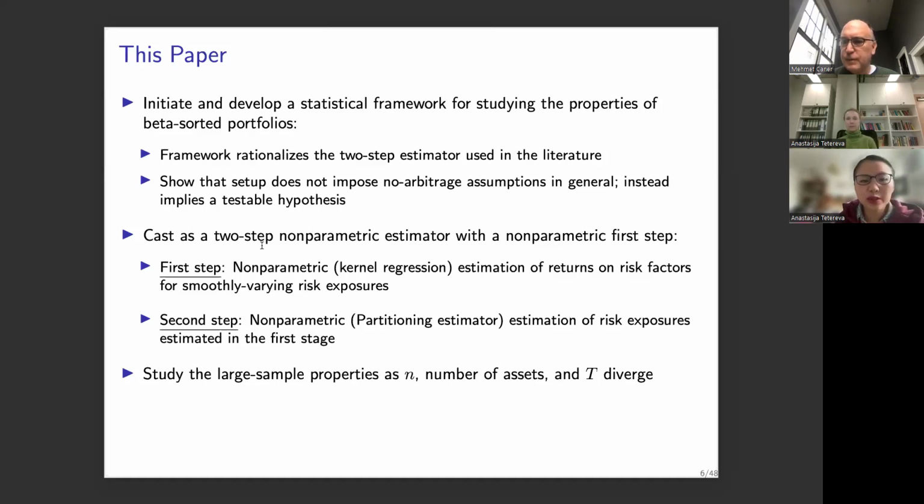The first step has already been studied in Ann Christensen in the Journal of Financial Economics literature, but their setup with time leveling is a bit different from ours. We will see the math, and I will mention that a bit. And you're studying both N and T being large, and this has not been done before.